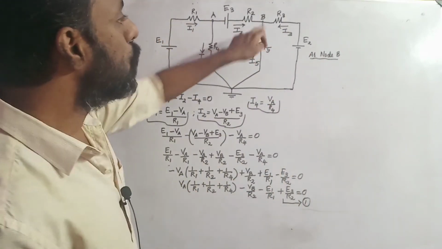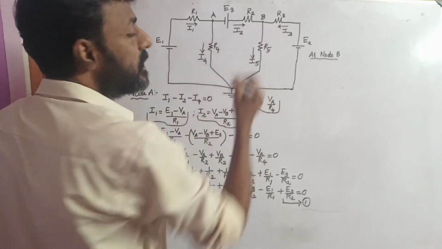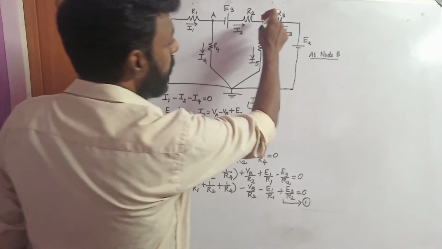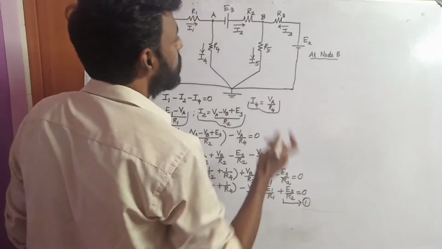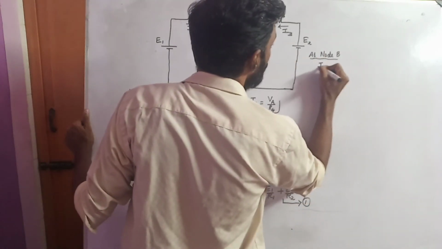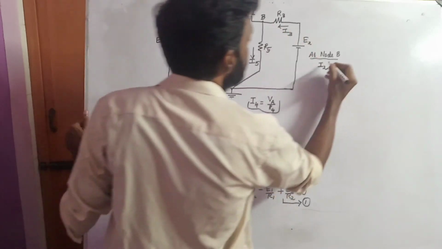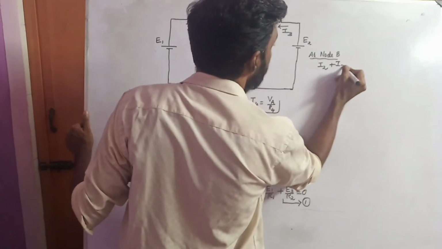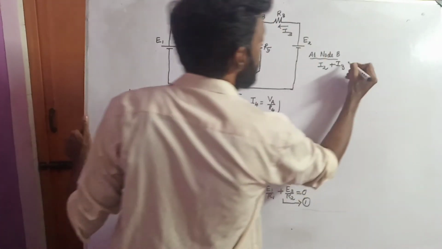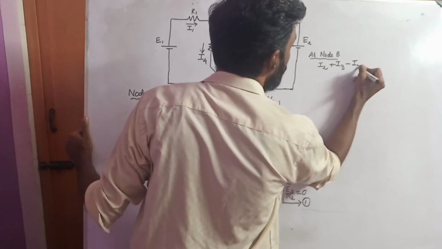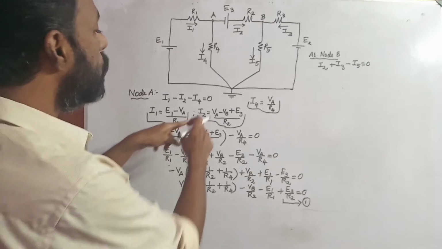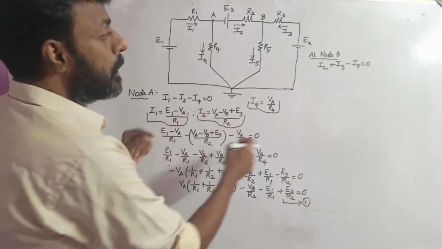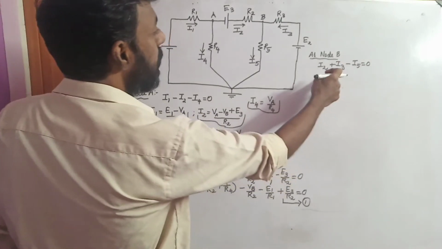So at node B I'm going to follow the current law. When I apply current law at node B, incoming currents will be taken as positive. So that will be I2 plus I3 minus I5 equal to 0. What is I2? I2 we have already found the value. So remaining I3, what is the value of I3?